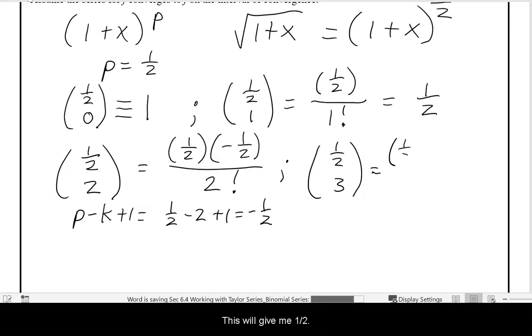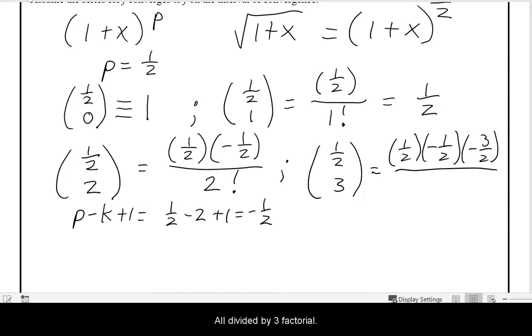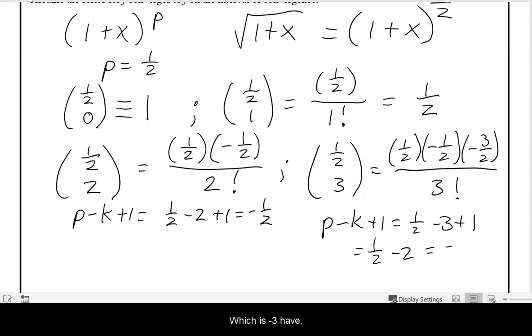This will give me 1/2 times negative 1/2 times negative 3/2, all divided by 3 factorial. This will simply produce a constant. When I compute p minus k plus 1 to check my work, I get 1/2 minus 3 plus 1, which is 1/2 minus 2, which is negative 3/2.